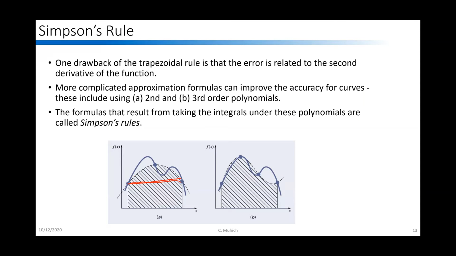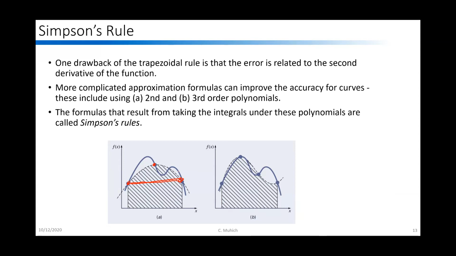So we could use 3 points along a line to fit a parabola, or we could use 4 points along a line to fit a cubic polynomial. And you can see that as I increase the degree of my polynomial, my fit, so my area under the curve, starts getting much better.